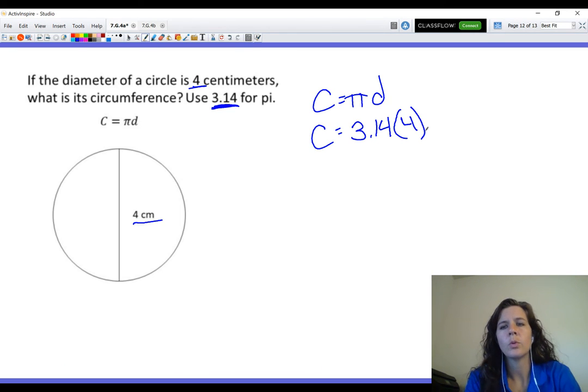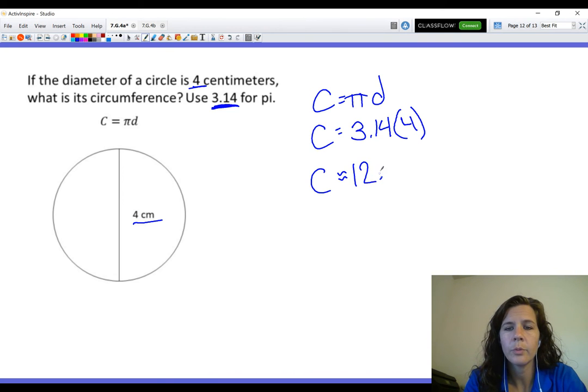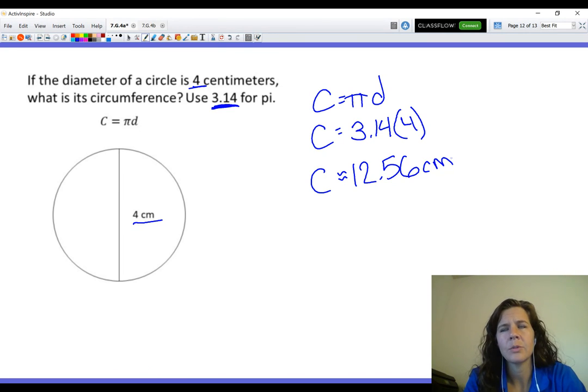So times 4. And when we multiply 3.14 times 4, we get 12.56. So the circumference is about 12.56 centimeters. Remember, pi is rounded at 3.14, so it's always approximate.